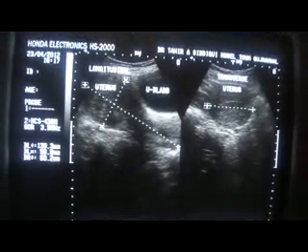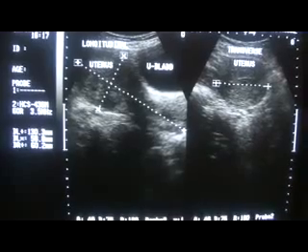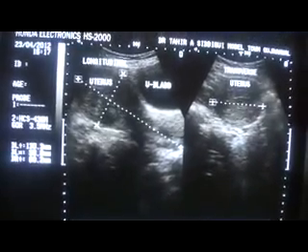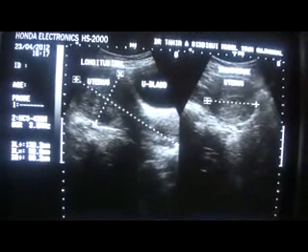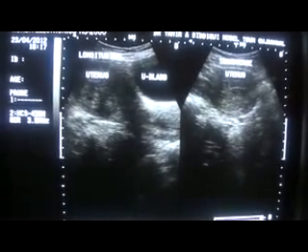So this is one. This is the other one. And this is again in the posterior segment of the uterus.